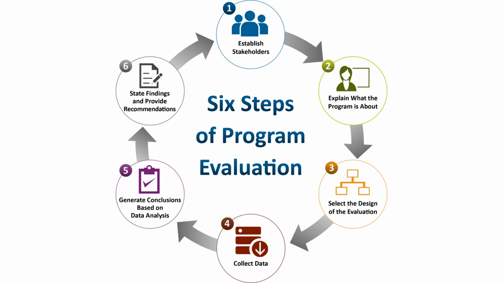And then you want to state your findings and provide recommendations from those conclusions based off of that data analysis. So this is the 6 steps in program evaluation. So if you need to, again, write these steps down, definitely pause the video to do so. But you have to know the steps of program evaluation in order to appropriately or accurately answer the questions on the exam.